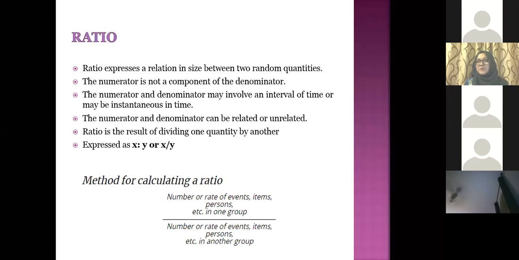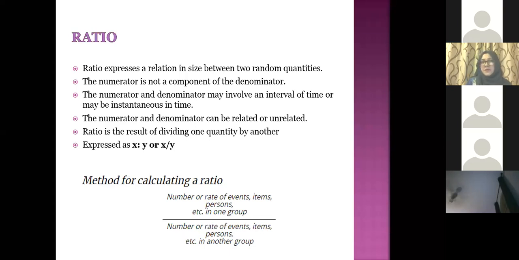So ratio expresses a relation in size between two random quantities. For an equation, you already know that we have a numerator and a denominator. For ratio, the numerator is not a component of the denominator. It's not necessary for a ratio that the numerator has to be a component of the denominator. It can be related to the denominator, or it cannot be completely related.